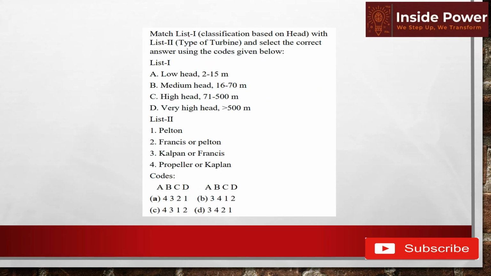In this question, list 1 is a classification based on the head, and list 2 is the types of turbine. So low head, 2 to 15 meter, is associated with the propeller and the Kaplan.